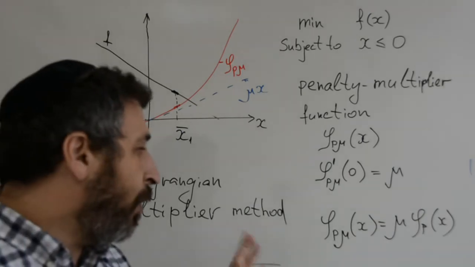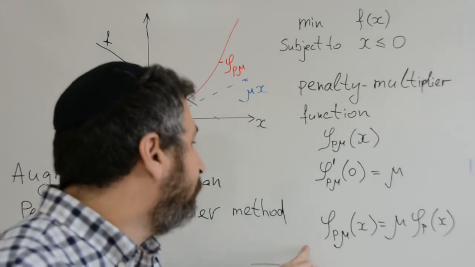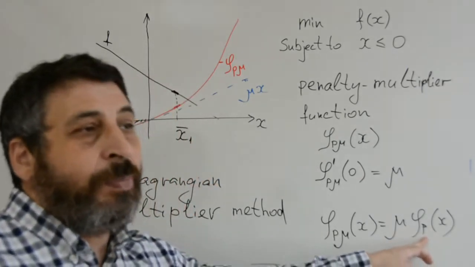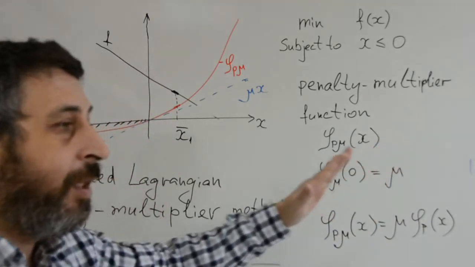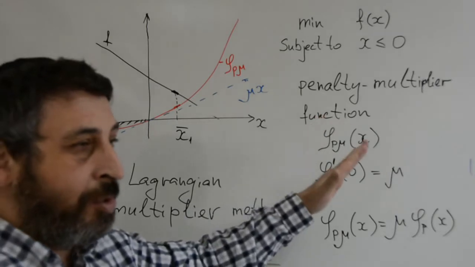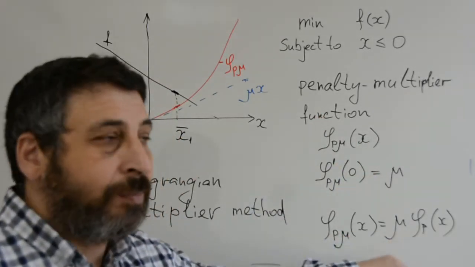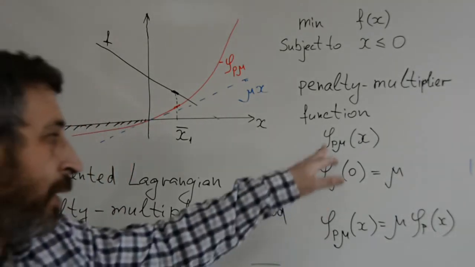As an example of such a penalty-multiplier function, we can just take a usual penalty function, which is built, for example, in the way that its derivative at the origin is 1, and multiply it by mu. But we will see also other ways to get such construction.